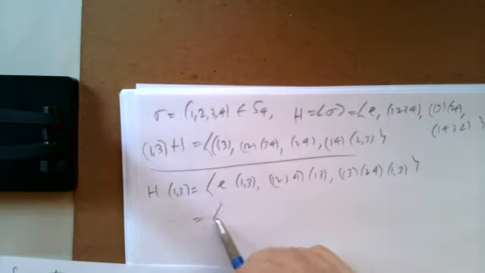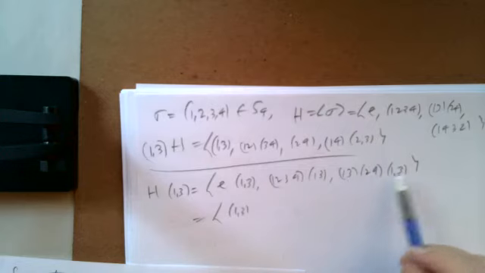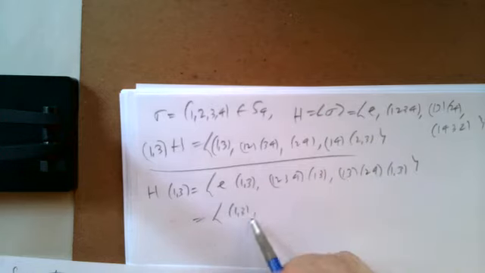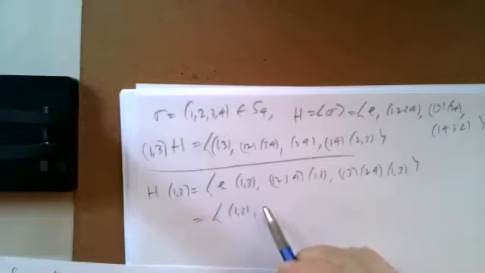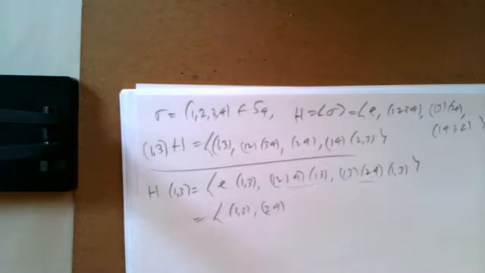So E times (1 3) is just (1 3). These are disjoint cycles. They commute. (1 3) times (1 3) is the identity. So this just gives (2 4). What about these two? Let's calculate them.